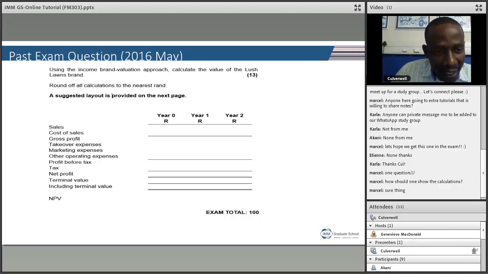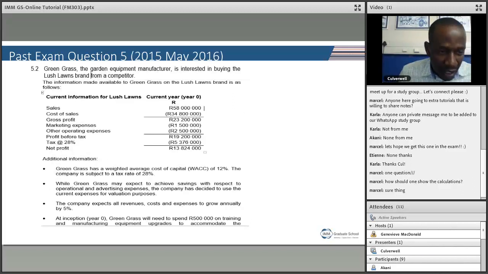They have stipulated that we have takeover expenses. Which expenses are they referring to? It is this 500,000 here that says, at inception, which is year 0, even if the examiner didn't stipulate that in year 0, at inception we are referring to the beginning.